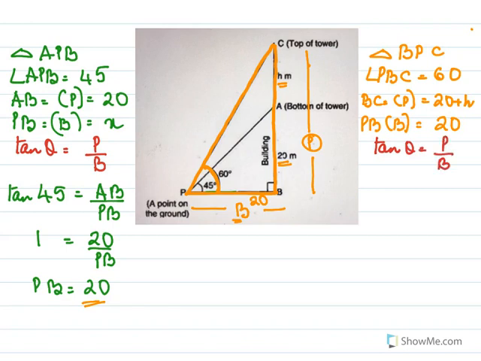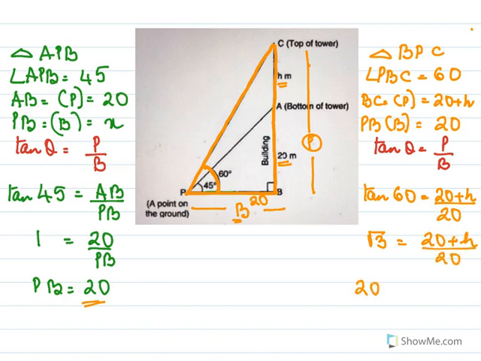Tan theta is perpendicular over base, and here our theta is 60. So tan 60 is perpendicular 20 plus H, and the base is 20. Tan 60 is root 3, so root 3 equals 20 plus H over 20.